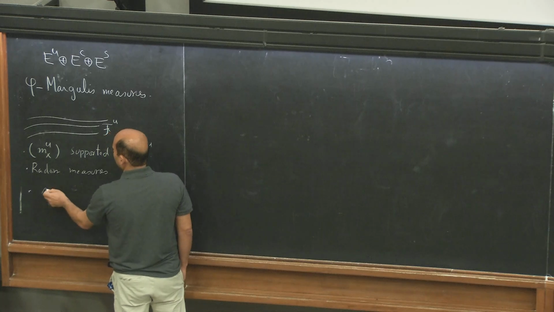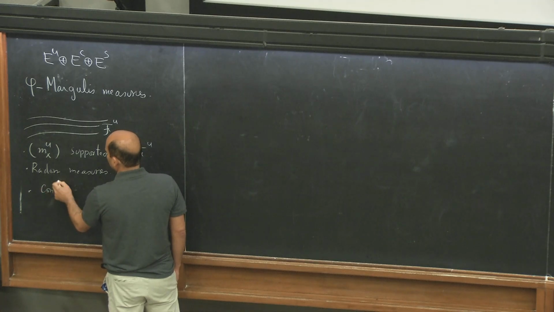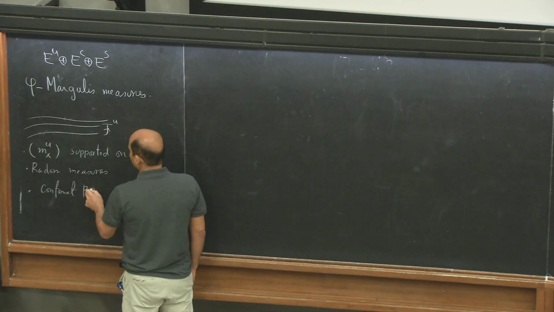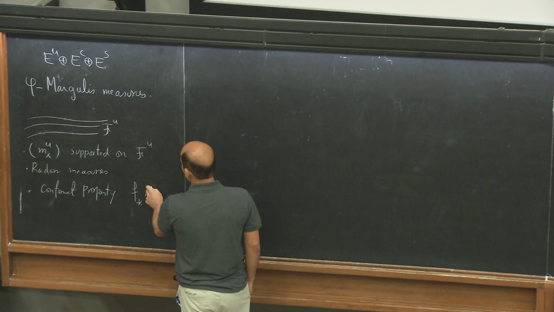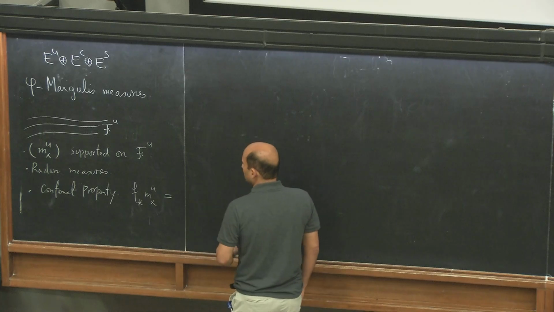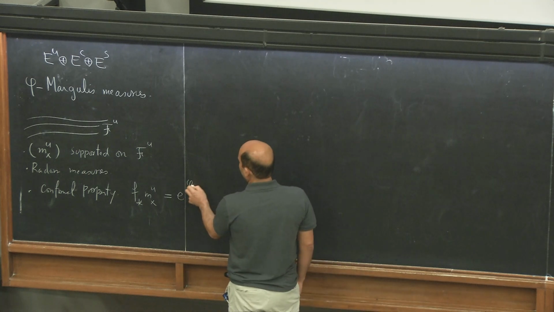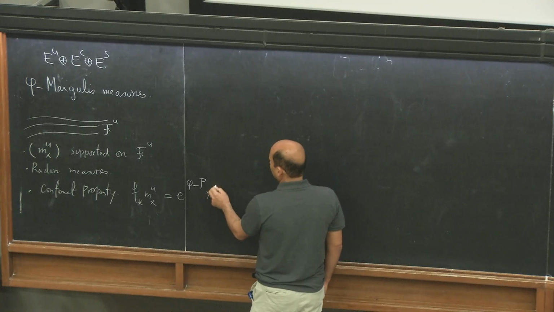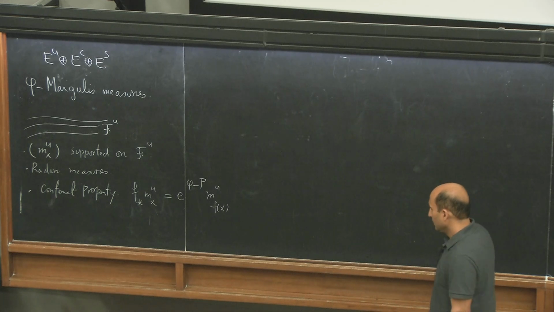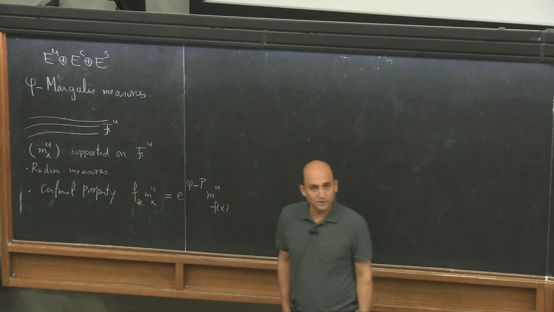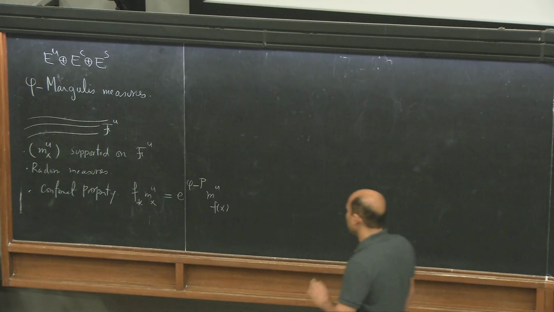The most important property is this phi conformal property: they have the right Jacobian, f star of mu x is equal to exponential of minus phi times mu of fx. For the purposes of today, let me just consider the case of maximal entropy, so phi will be 0.